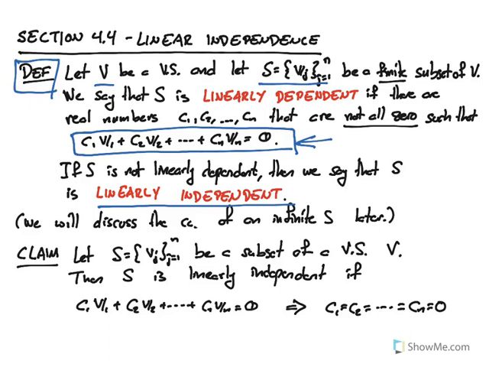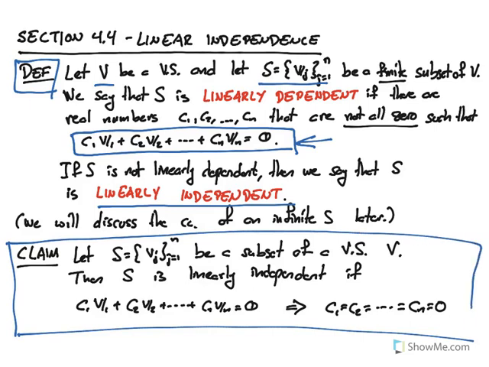Something that's logically equivalent to the definition, and very easy to show, is this claim here. You can view it as an alternative definition of linearly independent. In the original definition, we started by defining what linearly dependent means, and then we defined independent as being just the other case.